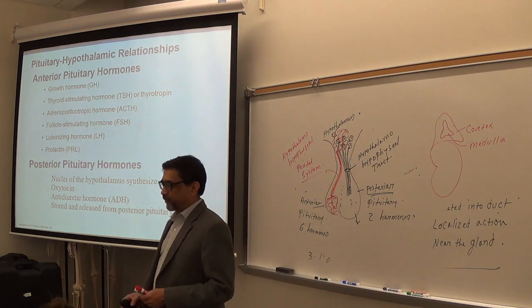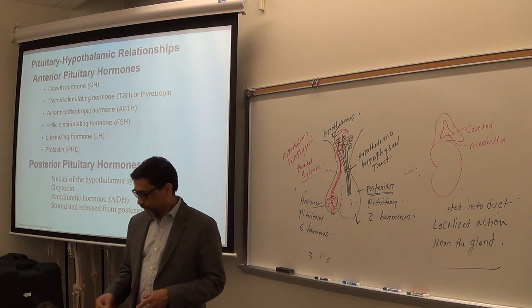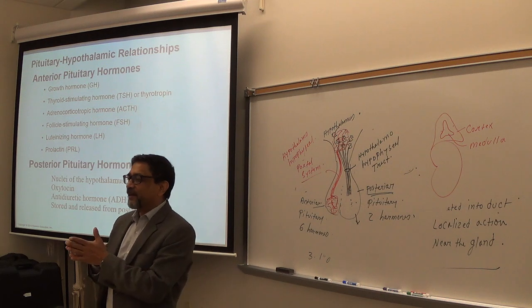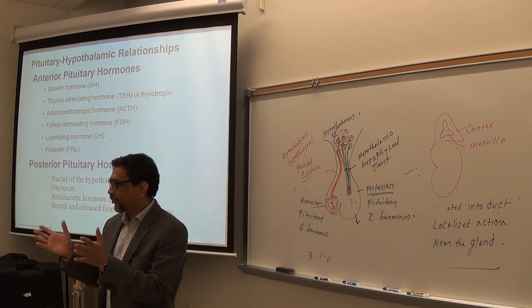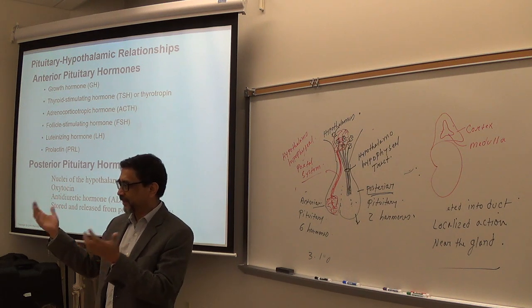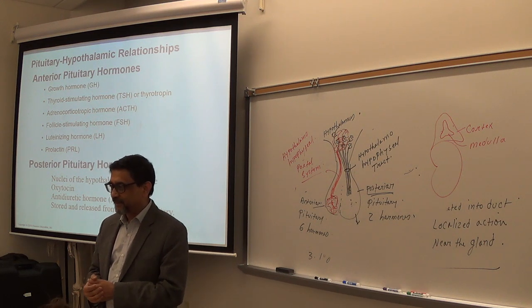Antidiuretic hormone, its name is telling you its function. But first you need to know, did you hear of diuretics? I believe you have in newspapers, sometimes in magazines we read, right? Diuretics. Diuretics do what? Right.